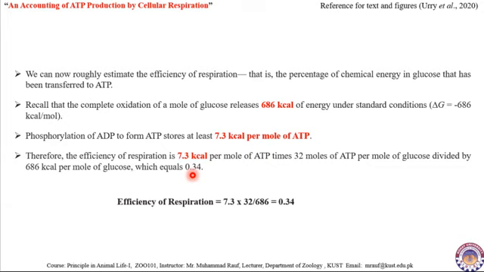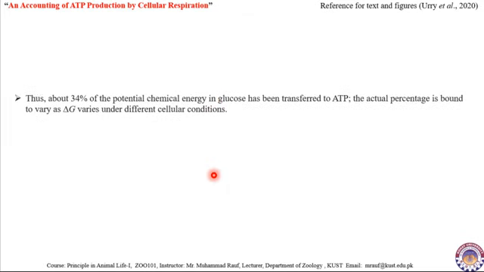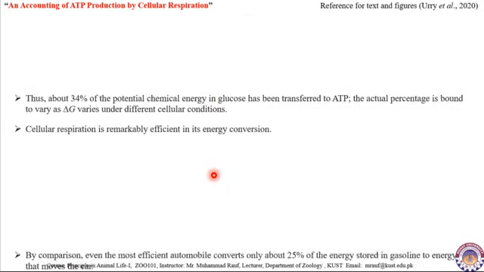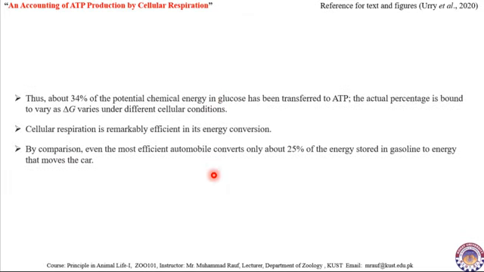So the efficiency of this process is 0.34, and it is still a large value, because if you compare it with the energy that is converted by an automobile engine, it is only 25%.